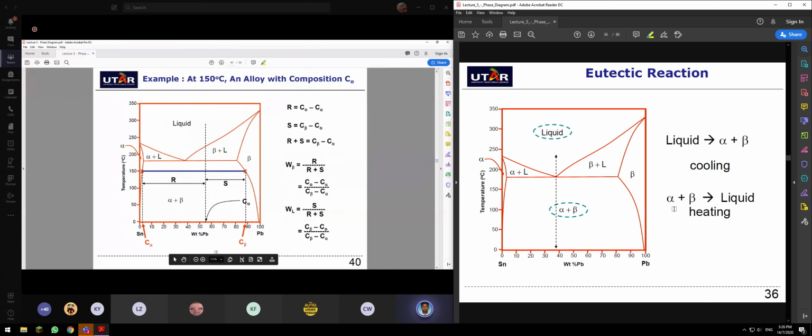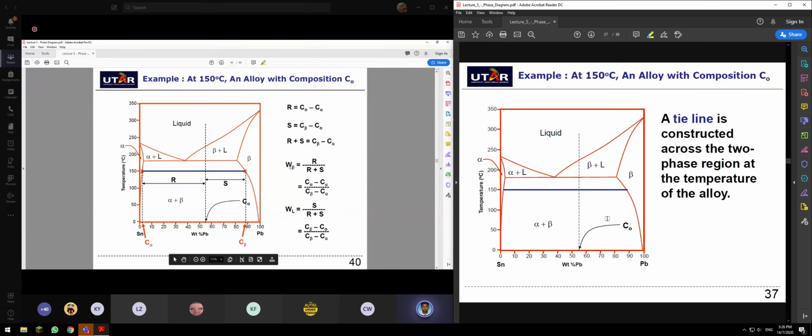So if you want to find the weight percentage of predominantly beta, you take R, which is C naught minus C alpha, divided by the whole system, which is C beta minus C alpha. Here, okay, this is a spelling mistake.